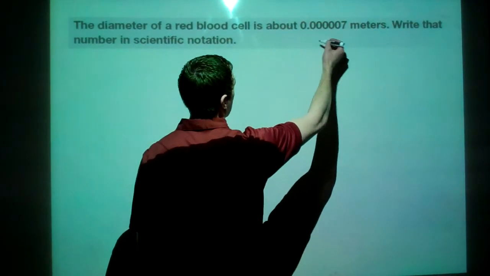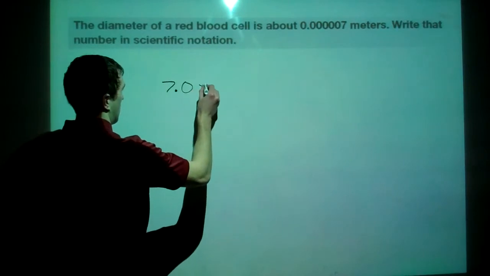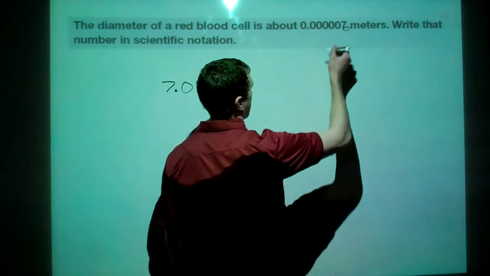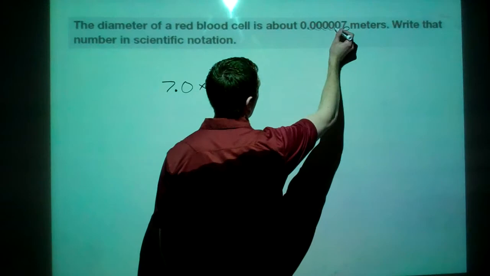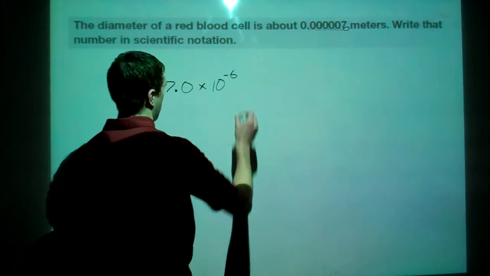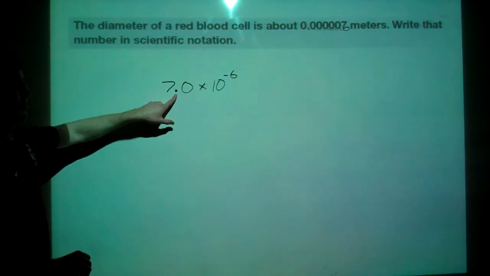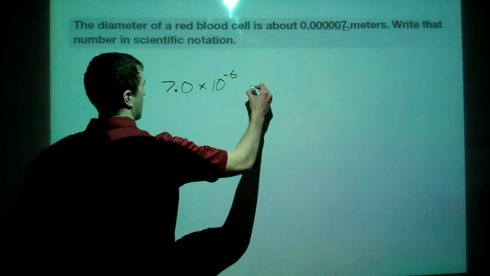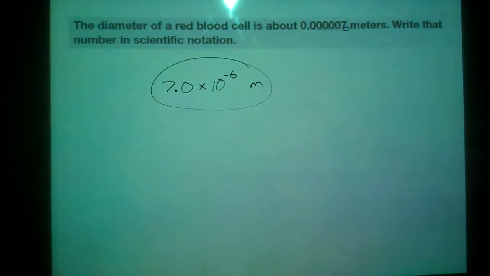So we're going to go in between. We want 7.0 times 10 to the something. Now how far do I have to go to get here, basically? 1, 2, 3, 4, 5, 6 times 10 to the negative 6. So that means if I did this, we'd move it 6 spots to the left, and we should get this for an answer. So this would be the scientific notation version of that number.